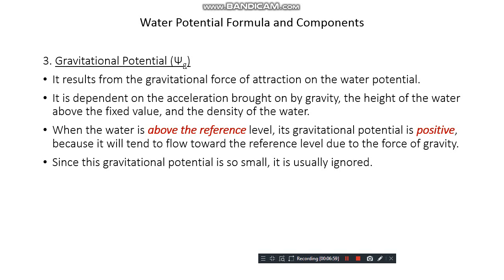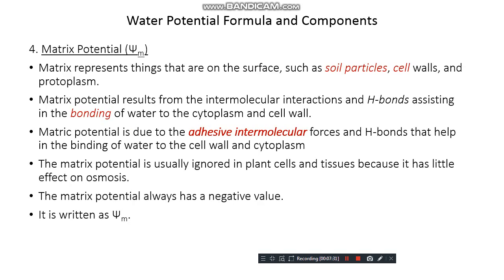It depends on the reference level where we are. We call it negative or positive. If the water is above the reference level, the gravitational potential is positive. If we are below the reference level, it's considered a negative potential. It's negligible, and we don't consider it as far as water potential is concerned. We ignore gravitational potential most of the time.